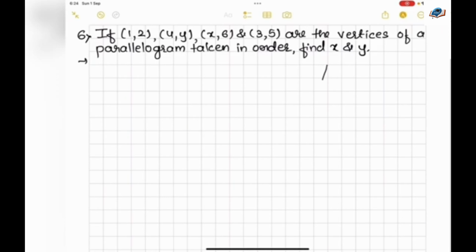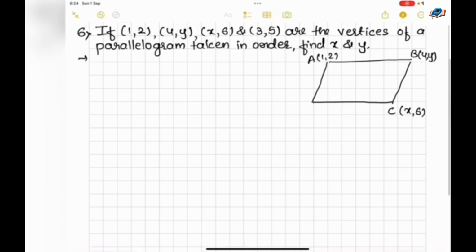So let me make the figure first. A 1 comma 2, B 4 comma y, C x comma 6 and D 3 comma 5. Now I am joining the diagonals also. AC and BD I am joining.